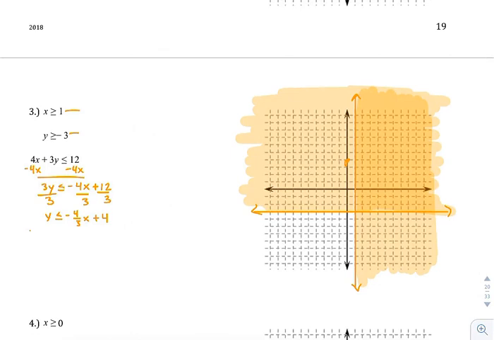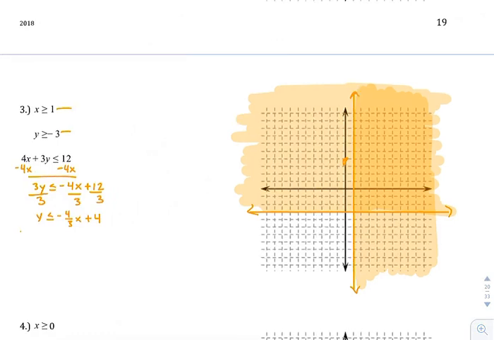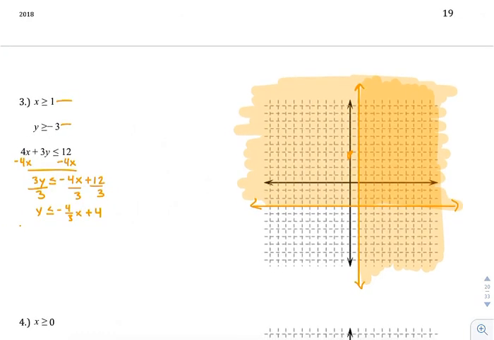is 4. So we're going to start at 4. And our slope is negative 4/3. So down 4, right 3. And that too is a solid line.